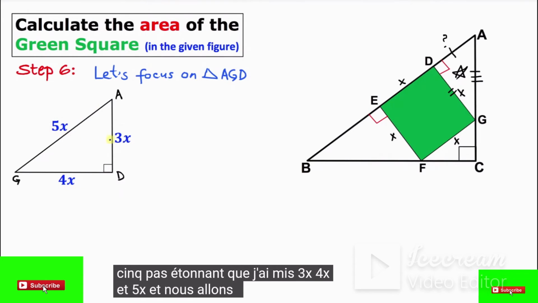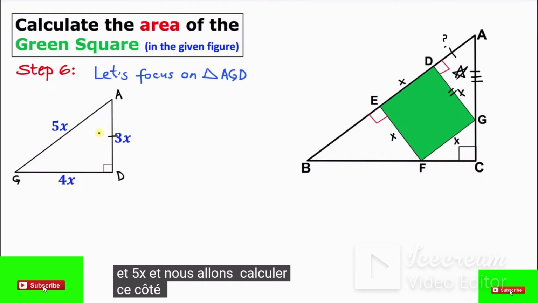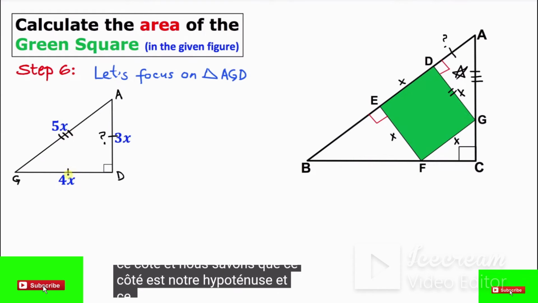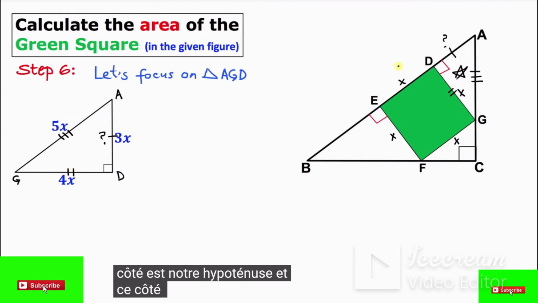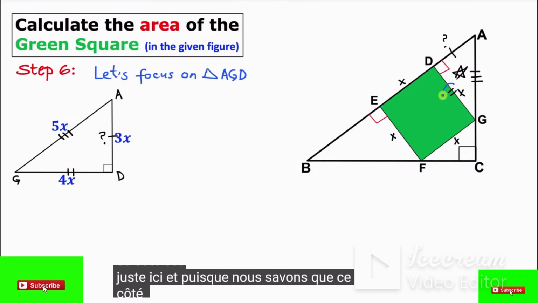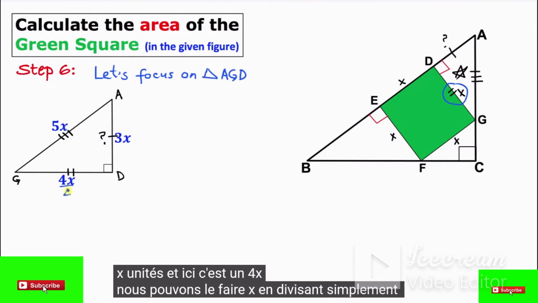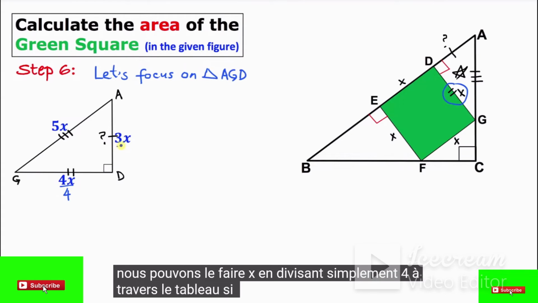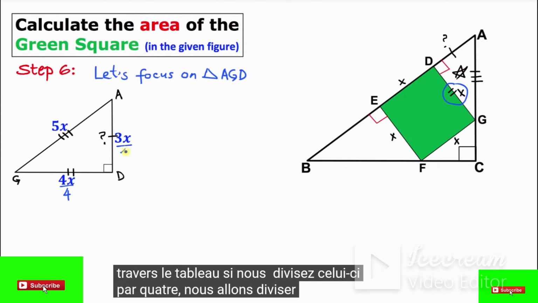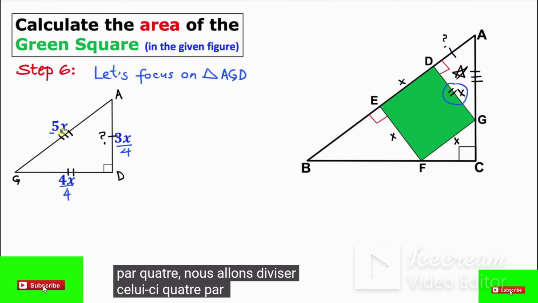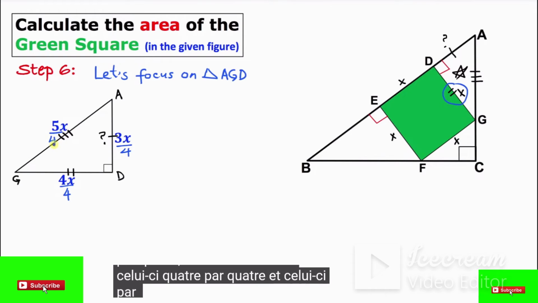And we are going to calculate this side, and we know that this side is our hypotenuse. Since we know that this side is x units and here it is 4x, we can make it x by just dividing by 4 across the board. If we divide this one by 4, we're going to divide this one by 4 and this one by 4.